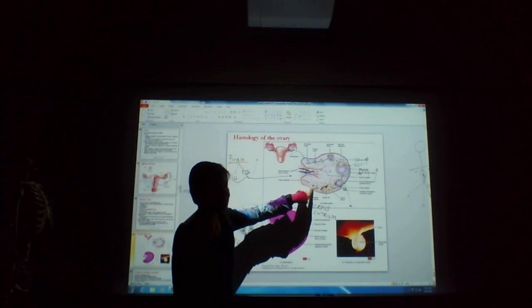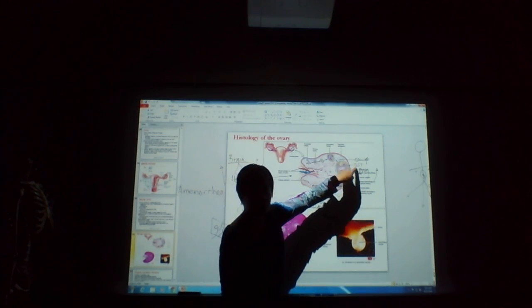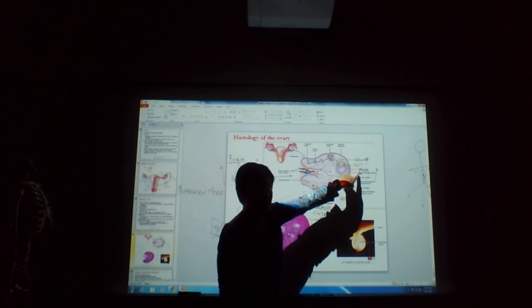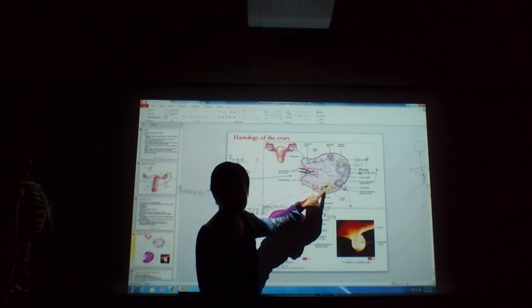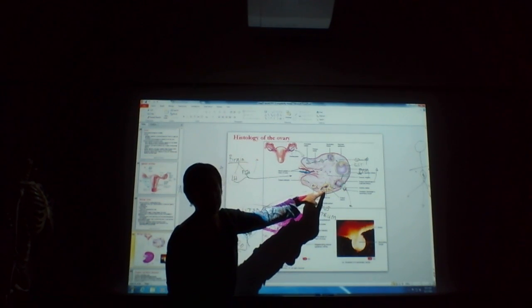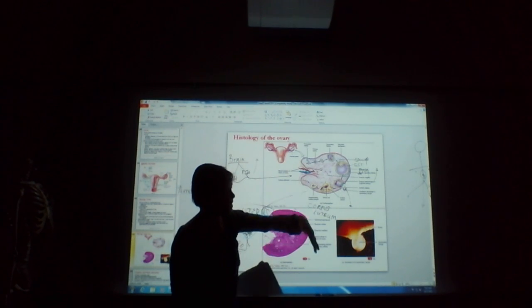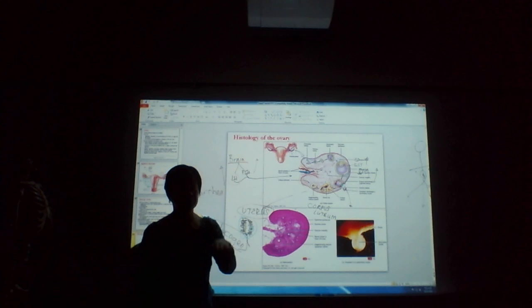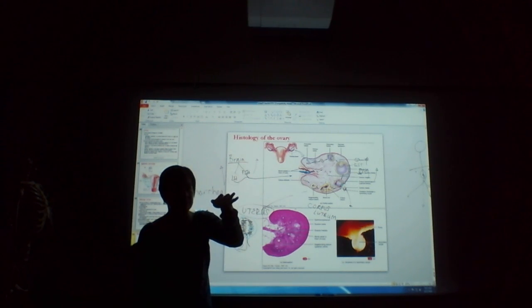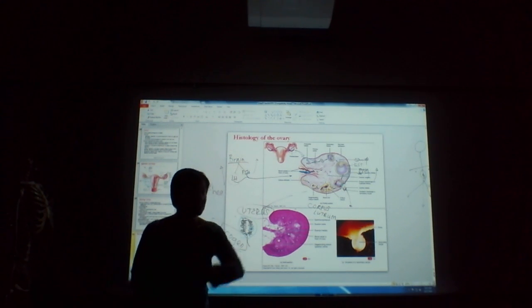Remember, it's the follicle cells that secrete those two hormones, right? So even after it released the egg, this corpus luteum is still active. It's still actively producing progesterone. It has to keep producing progesterone, because once progesterone goes down, you menstruate.